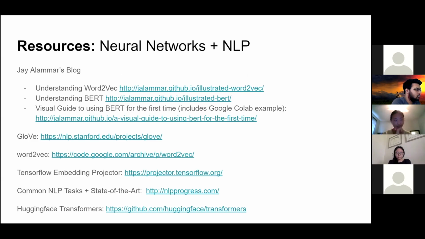If you're practically training your own models, you can find the sources for GloVe and where to download those here. Of course, a plug for NLP Progress. And if you're going to be fine-tuning a state-of-the-art transformer model, I highly recommend looking into the Hugging Face Transformers library, because it provides such an easy, straightforward interface for you to load these models, switch them out, and also add on top of them.